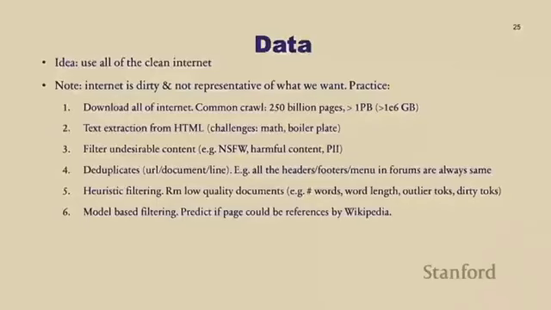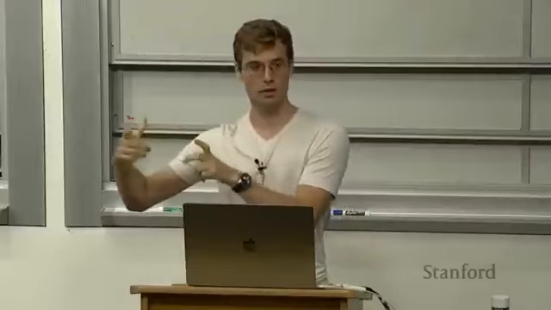Next step, model-based filtering. Once you've filtered a lot of data, what you will do is a very cute trick. You will take all of Wikipedia, and you will look at all the links that are linked through Wikipedia pages. Because if something is referenced by Wikipedia, it's probably some high-quality website. And you will train a classifier to predict whether a document comes from one of these references from Wikipedia, or whether it's from the random web.